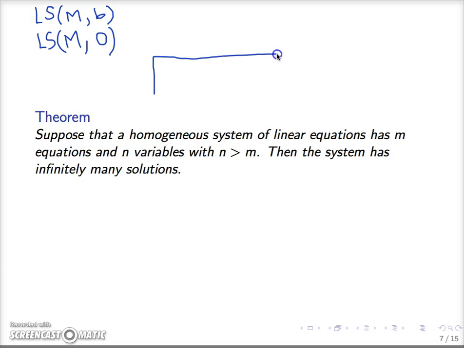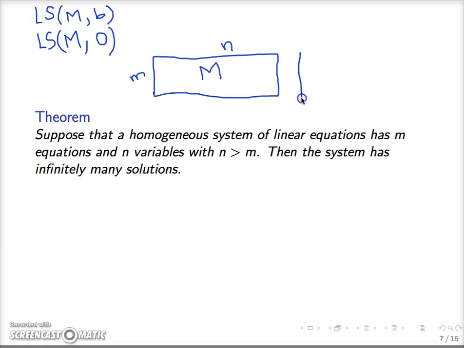This theorem is mentioning that if we have a system for which the matrix of coefficients, capital M here, has m rows and n columns, then this number of columns is a lot larger than the number of rows.